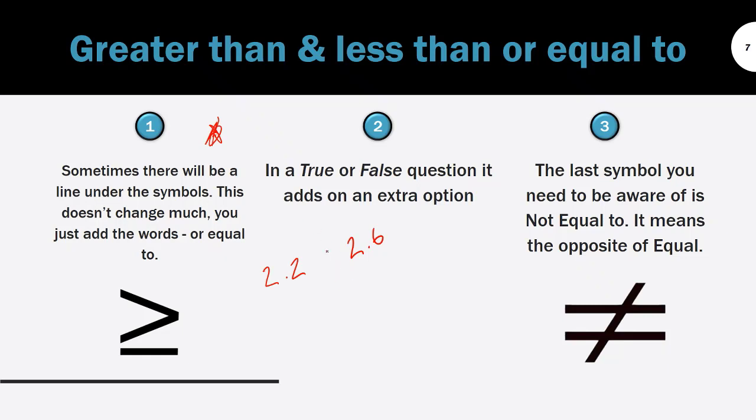Okay, if I was to do it the other way around, I would say 2.2 is greater than or equal to 2.6. Now, an example where you could use this, okay, is something that could look a little bit like this.